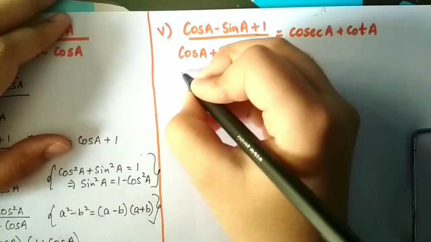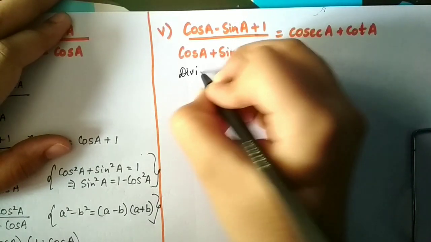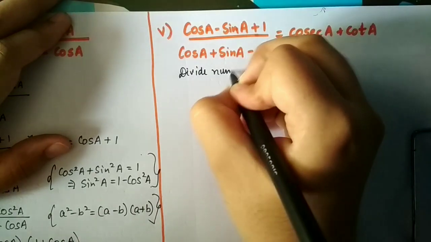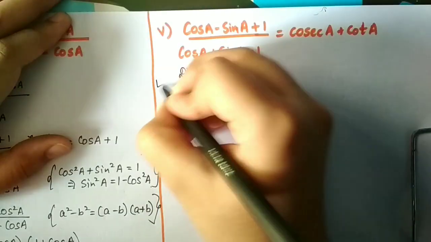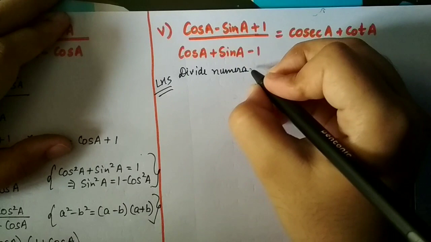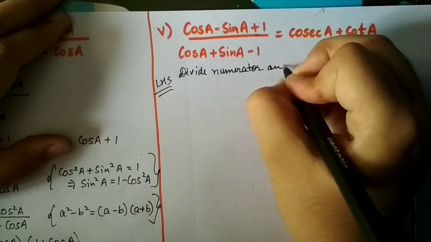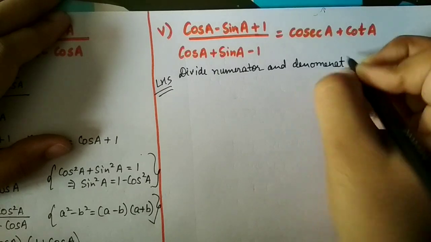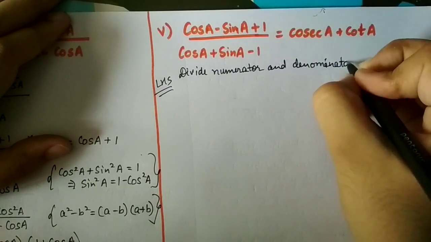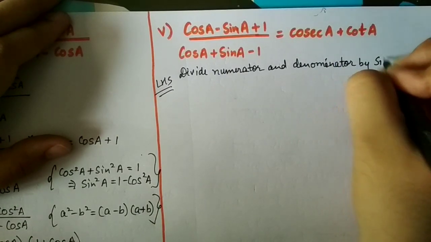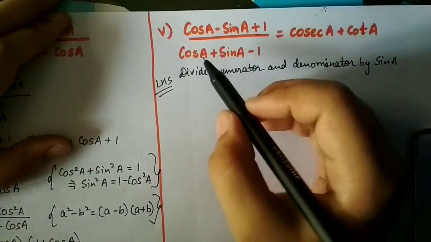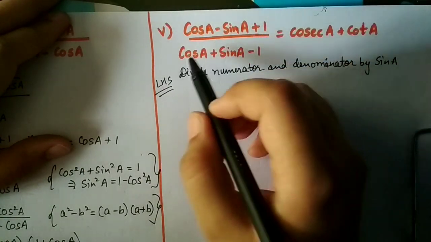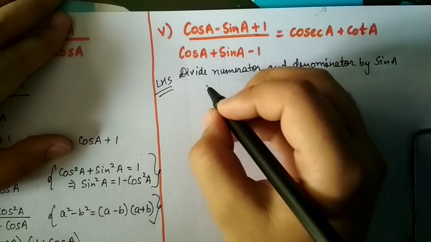In this, for left hand side you have to divide numerator and denominator by sin a. It means you have to divide each term of numerator and each term of denominator with sin a.